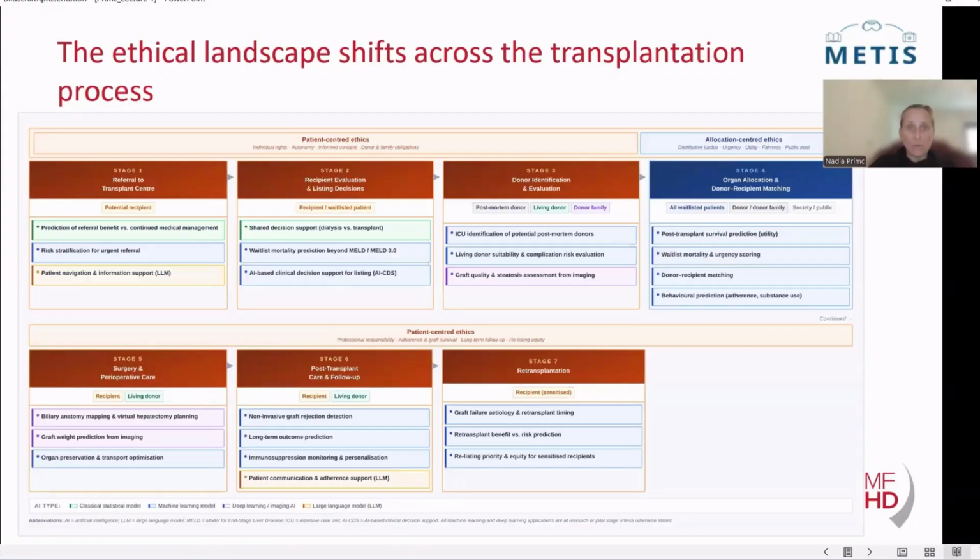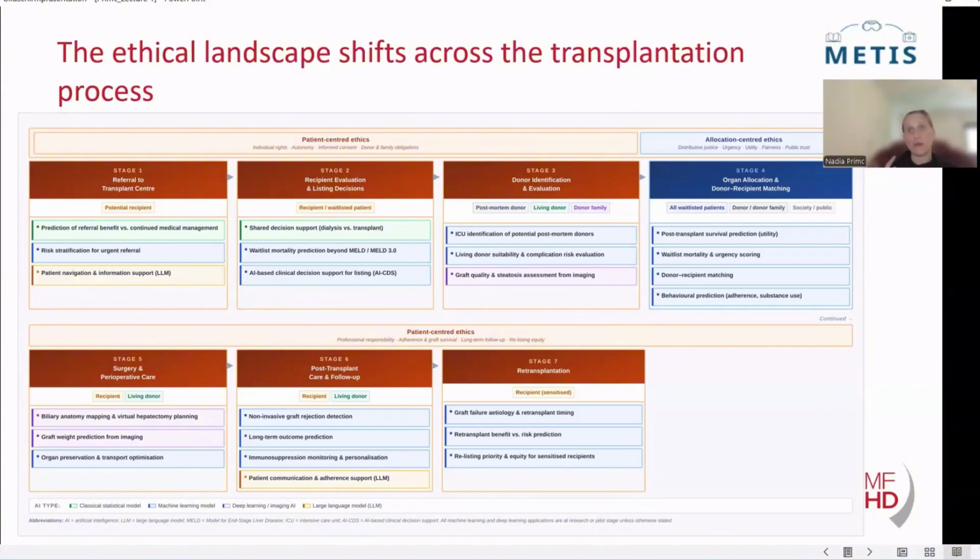Okay, what you see on this slide is a simplified graphic depiction of the transplantation process. The process moves through several distinct stages. Stage 1 is the decision to refer patients to a transplantation center.